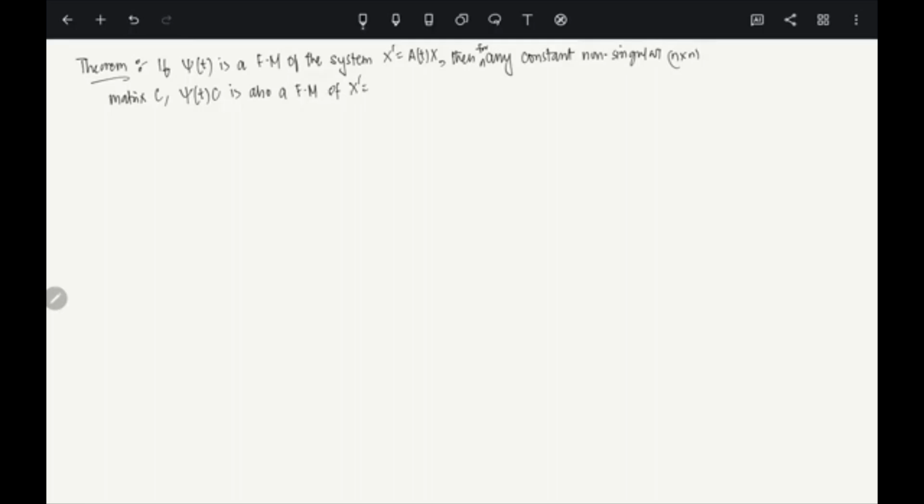What I am saying is that if you have one fundamental matrix, you can produce another one just by multiplying with a constant, and please don't change the order. So it is phi of t times C, of the same system.